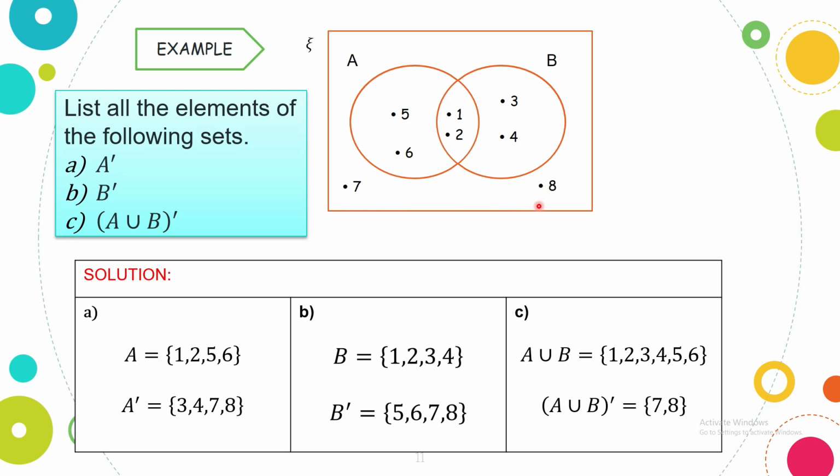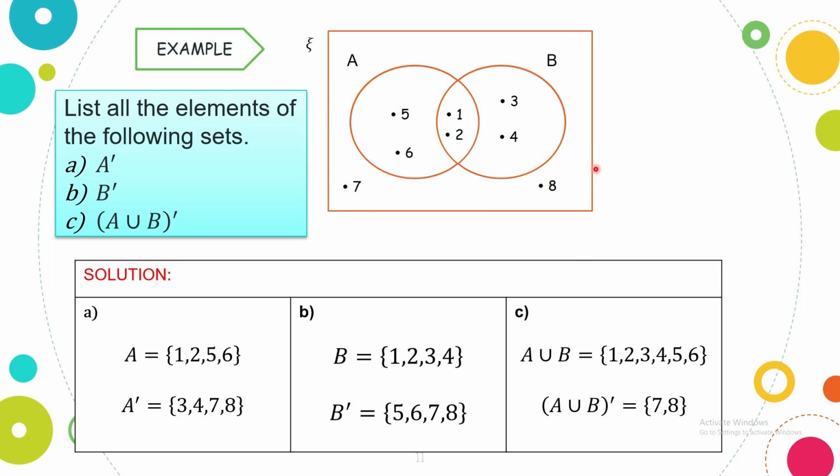And then for question B, the elements of set B are 1, 2, 3, 4. But the question asks to find the complement of set B, so it must be not an element of set B. So the answer is 5, 6, 7, 8.